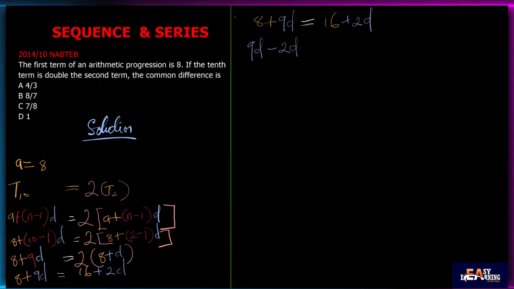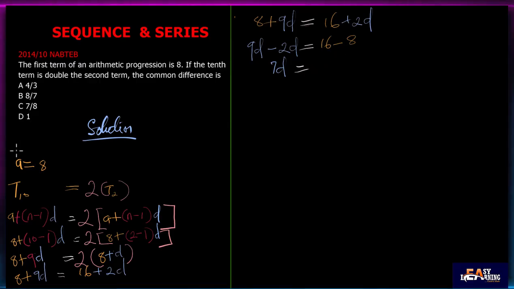All right, now it will be equal to, we have this 8 here, it will be equal to this 16 is here, so 16 minus 8 crosses over, becomes minus 8. So now we have 9d minus 2d, here becomes 7d, now equals 16 minus 8, and that becomes 8.